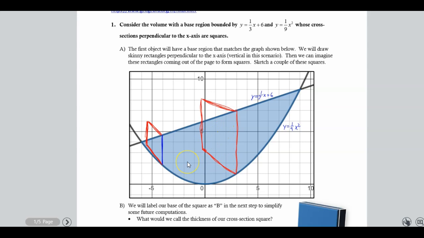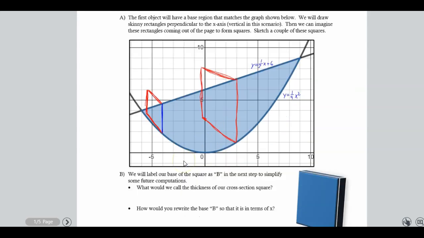Alright, so in order to compute these, we're going to start putting in some information. For the first part, I'm just going to call the base of this square b. So this would be base b. This would also be a base b, something in terms of x, but we'll just use b for now. The thickness of this square, so this is going to have some little thickness right here along the edge.